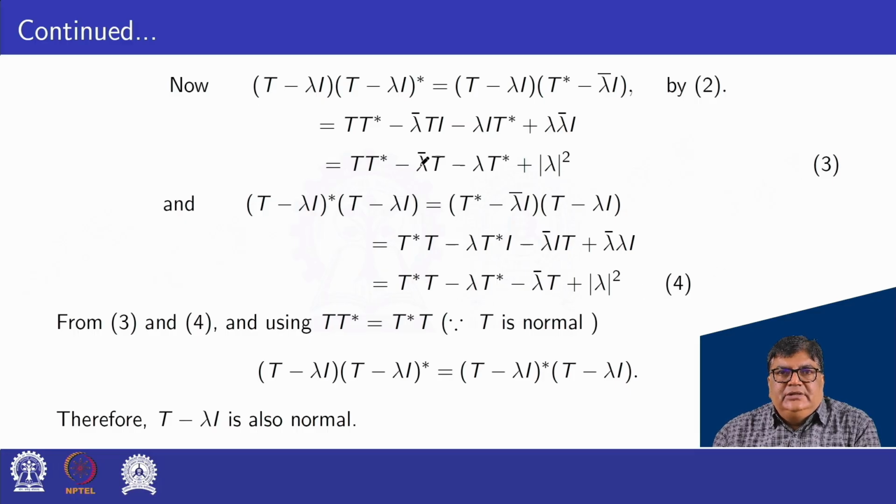So equation 3 and 4 are equal. This is T*T − λ̄T − λT* + |λ|².